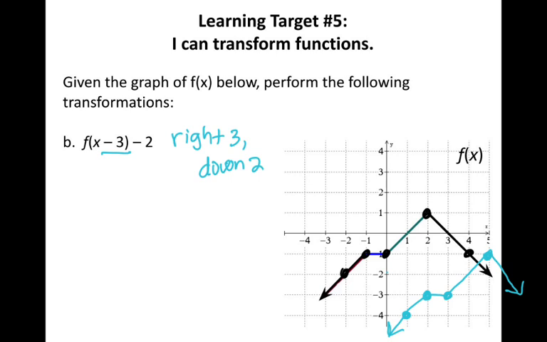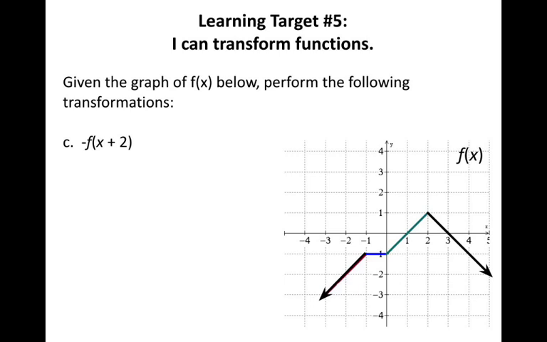So again, I didn't use a table for this one because I was literally just counting, moving left and right, which is fine. I only like to use a table when I'm dealing with reflections. Actually, maybe not reflections, but stretches and compressions. So this one, I can see I have a reflection, and that's over the x-axis.